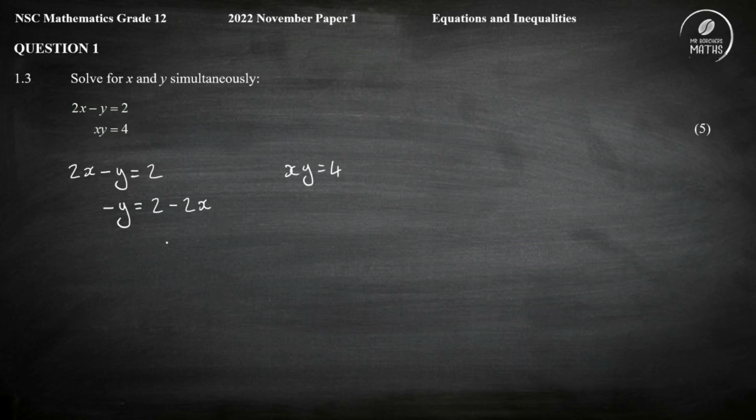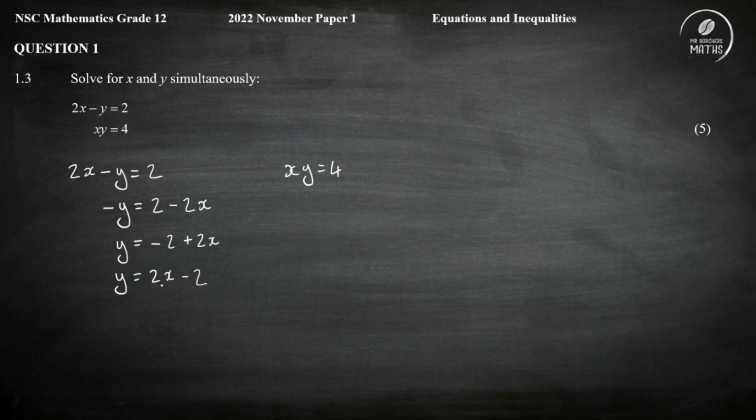Then multiplying through by negative 1 would give us a positive y, which will be easier to work with. And that would yield y equals a negative 2 plus a 2x. But again, much better and easier to work with if we wrote it as 2x subtract 2. All right, we have isolated a variable in our linear equation.